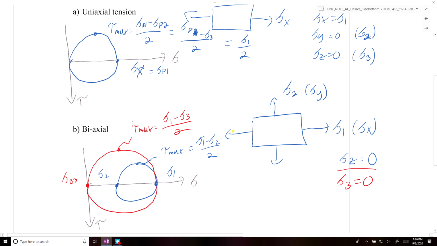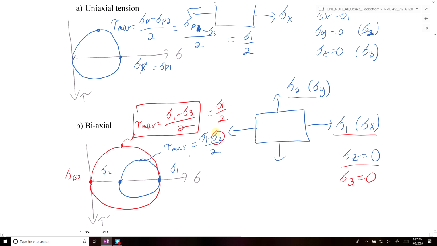So please, in all situations, make sure that you account for all the principal stresses, not just the stresses that are acting on the element. If you have a case of plane stress with two positive stresses, your maximum shear stress is really going to be sigma 1 minus sigma 3 over 2, which is just sigma 1 over 2. Since sigma 2 is positive, the estimate using sigma 1 minus sigma 2 would underestimate your true maximum shear stress.